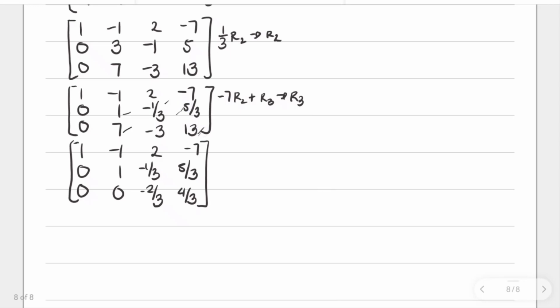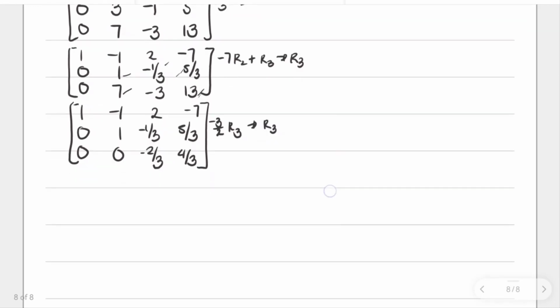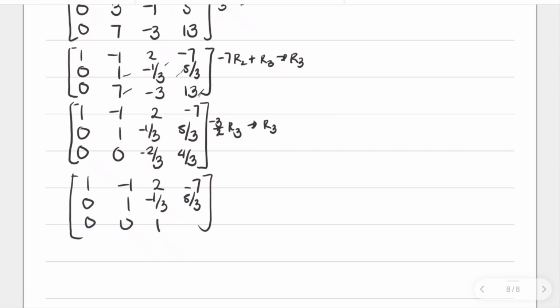Now I'm going to multiply negative 3/2 to our row 3 for our new row 3. And I have here still 1, negative 1, 2, negative 7, 0, 1, negative 1/3, 5/3, 0, 0, this is now 1, since we have 4/3 times negative 3/2, that's negative 2.